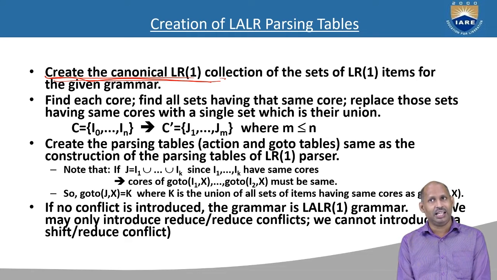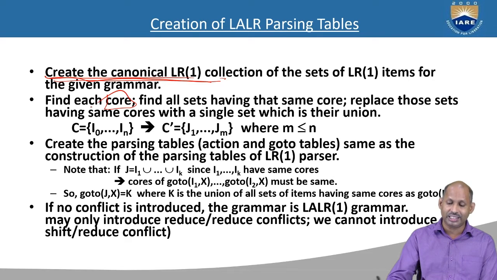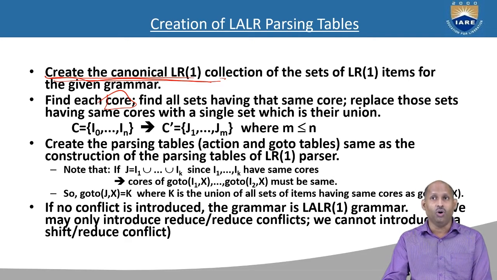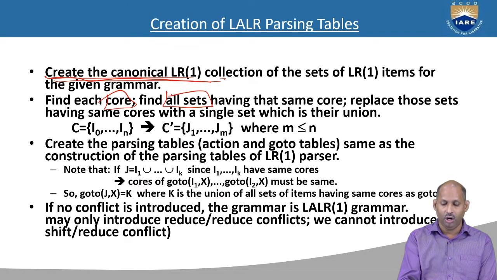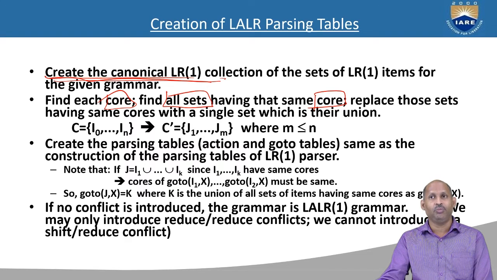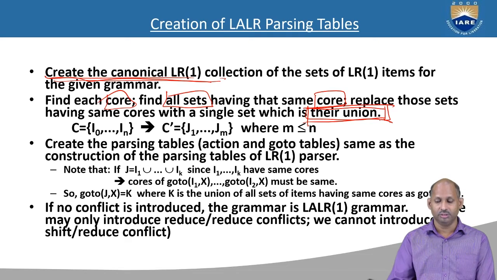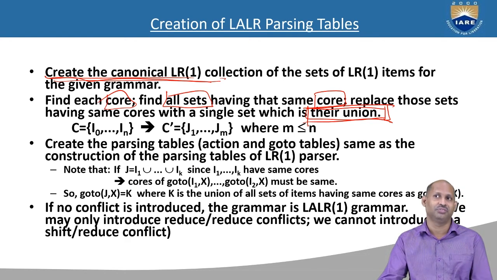To construct the LALR parsing table, the first step is to construct the canonical LR collection of closure groups as sets. Then find all the sets having the same core, and combine all the same core states, taking the union.